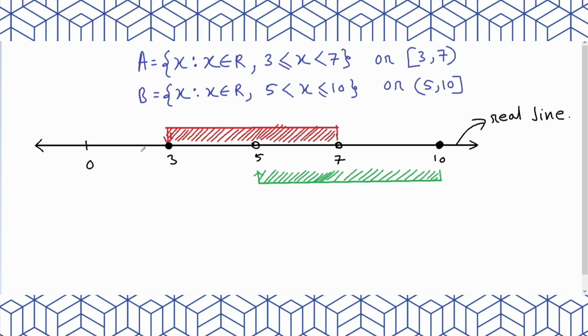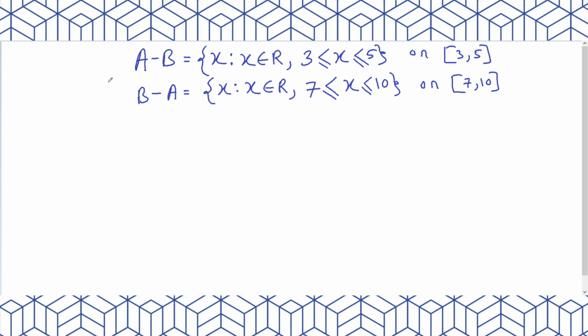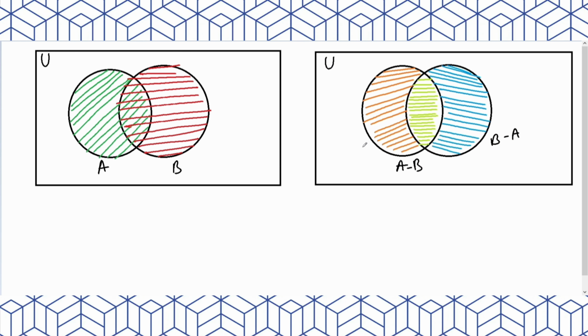In the other example of intervals, A minus B is the closed interval from 3 to 5 and B minus A is the closed interval from 7 to 10. The Venn diagram of A minus B is represented by the green lines only, not the part of intersecting lines, and B minus A is represented by the red lines only.